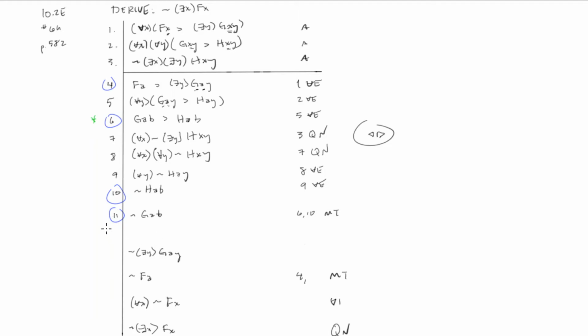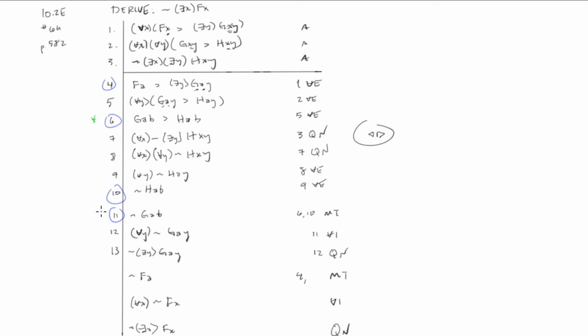So let's do universal introduction on line 11. And we'll use the y variable: for all y, tilde GAY. That's on line 11, universal introduction. Okay. And then line 13 comes from 12, quantifier negation. Right?